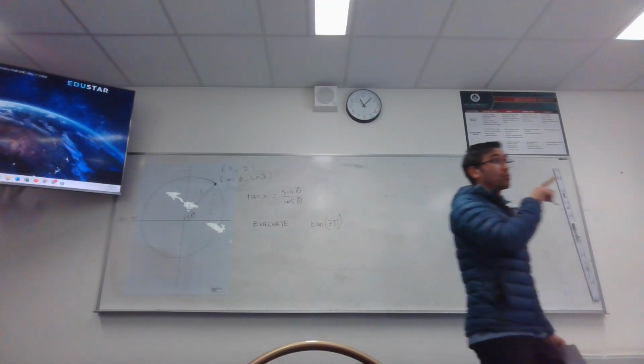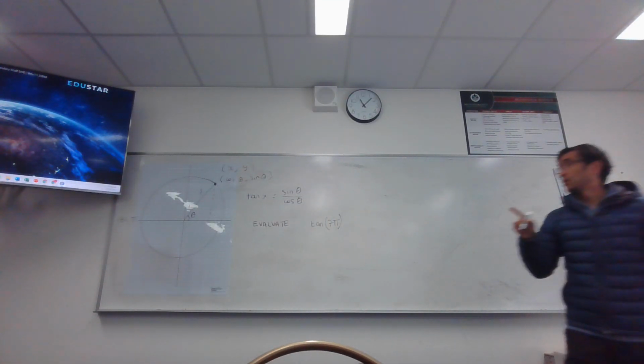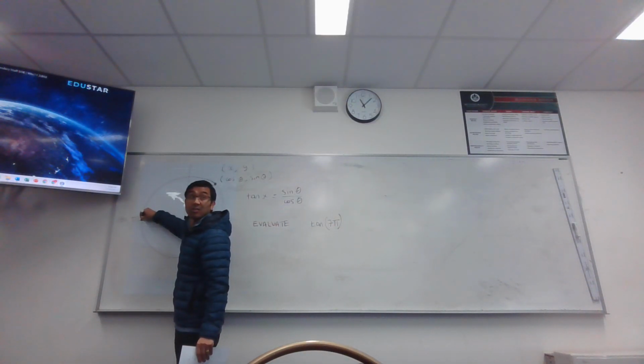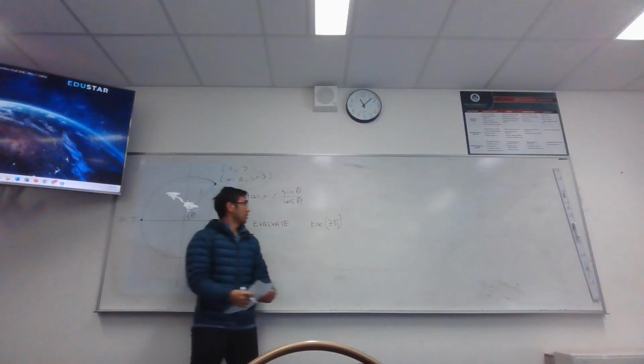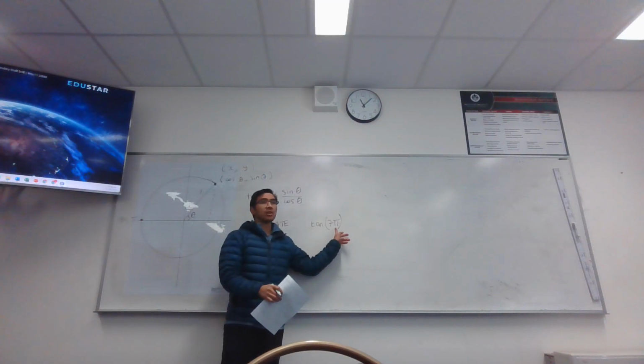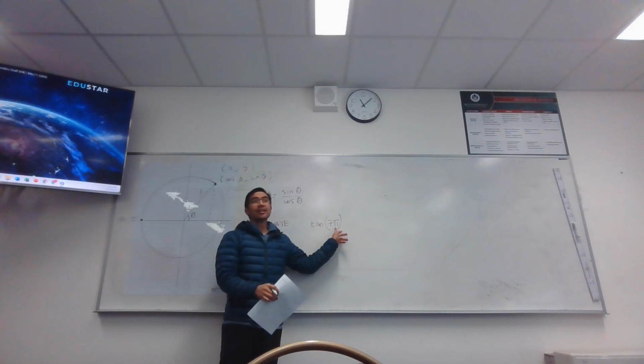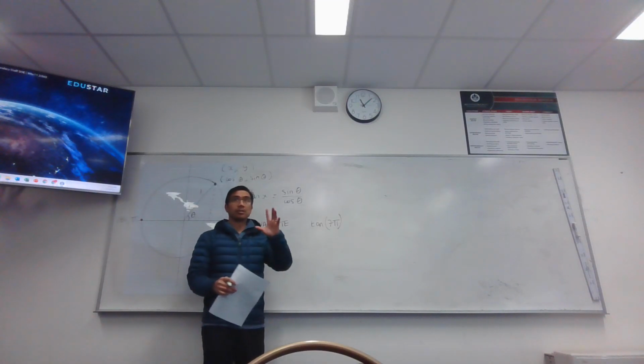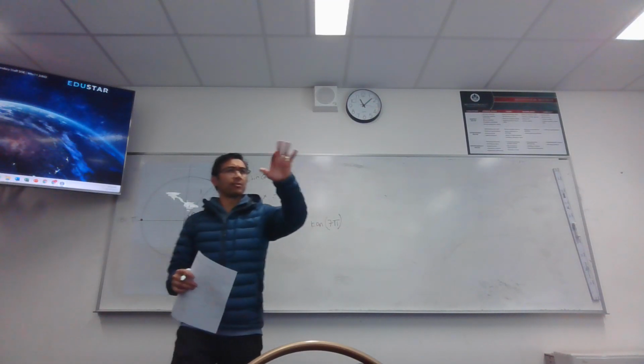Can anyone explain why Zach has gone to this point here, which is really pi only, when the question was 7 pi? Who wants to explain that? Manny, go. Because it's done 3 circles, which is 2 pi each. Yeah, two and a bit, or 3.